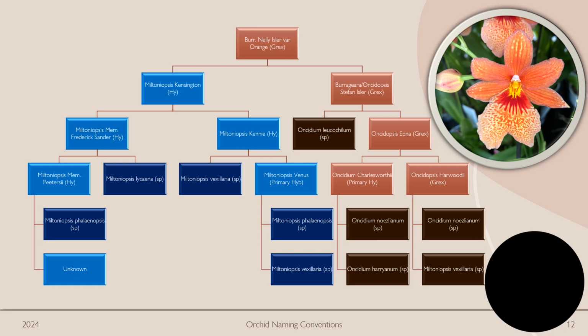And it's a very complex hybrid, but this isn't really that complex. There are hybrids with literally hundreds of species bred into them over many, many, many generations. So orchid breeding can be very, very complicated.